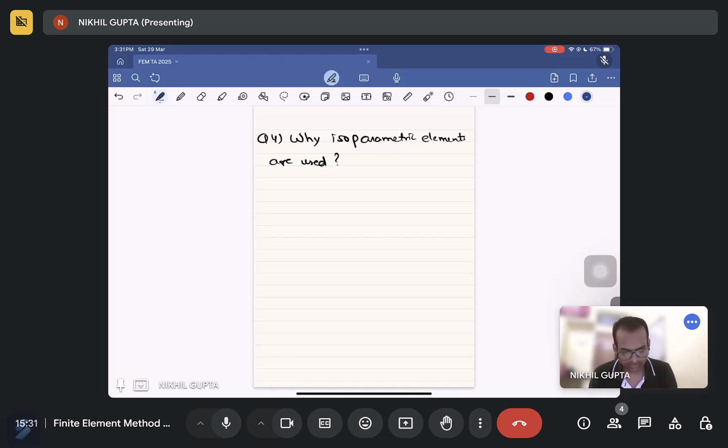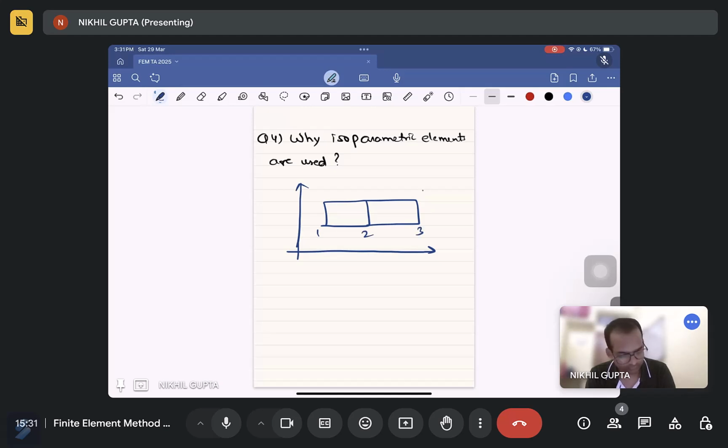So let's use a compatibility check or the continuity check we used in the last question. Let's say we have two rectangles with nodes 1 2 3 4 5 6. This is element 1, this is element 2.